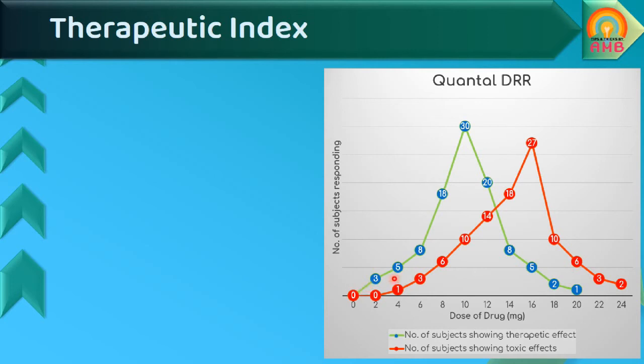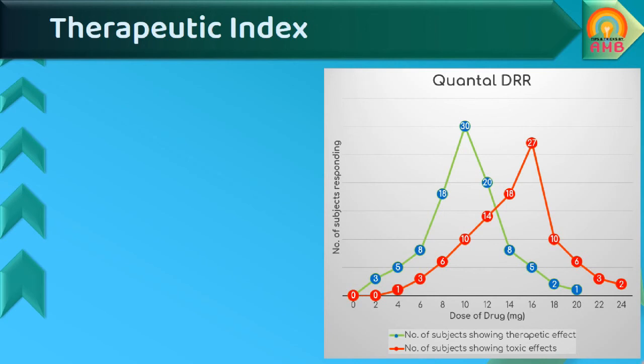Green colored graph shows a relationship between dose of drug A against number of subjects showing therapeutic effect of the drug. While red colored graph shows relationship between dose of drug A against number of subjects showing toxic effects of that drug.